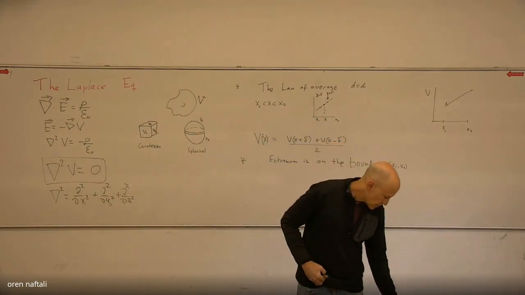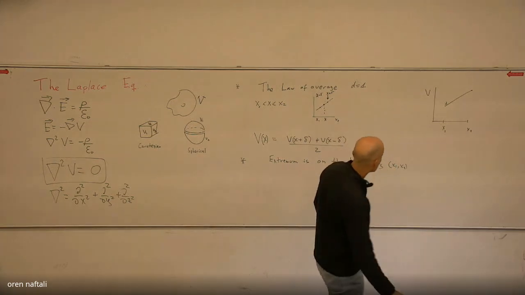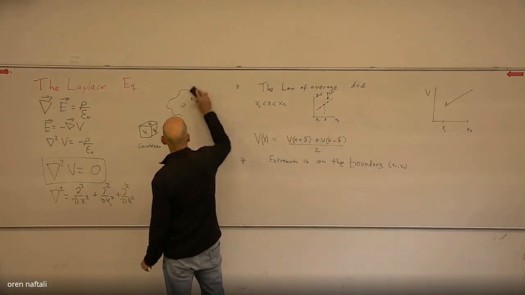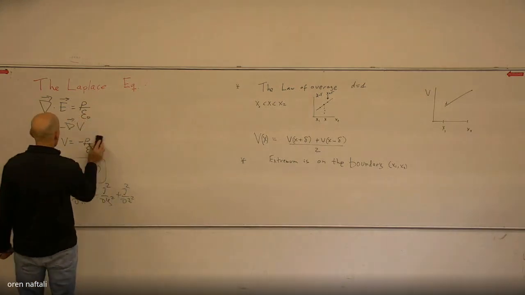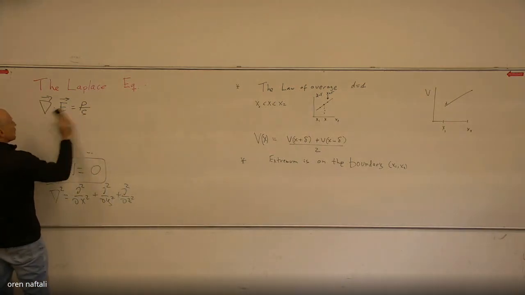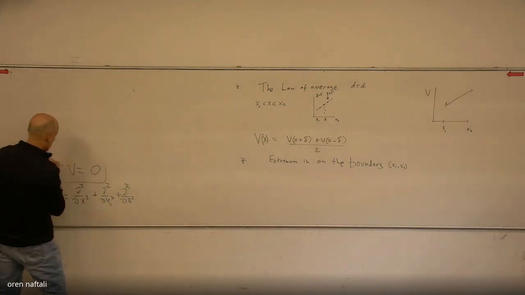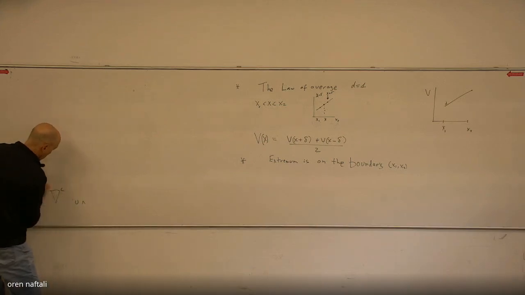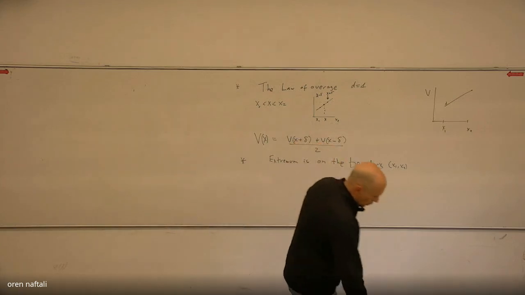Okay, so let us see how this generalizes to higher dimensions. And actually, the two laws, the law of the average and the fact that the extrema are on the boundaries, are related to one another.